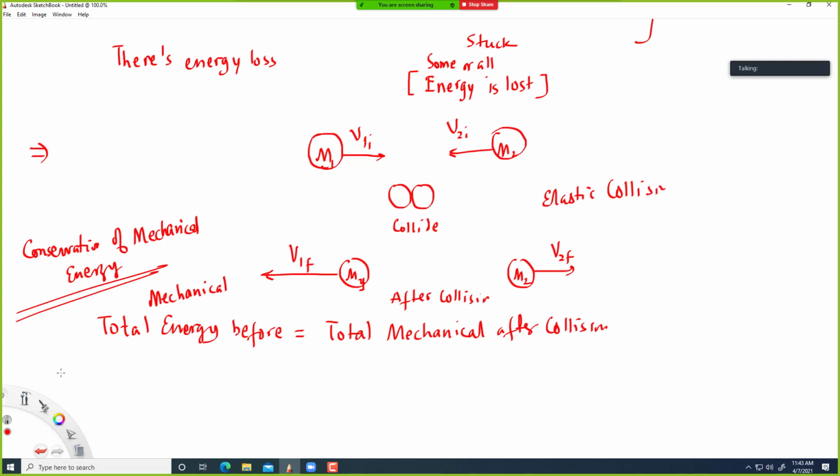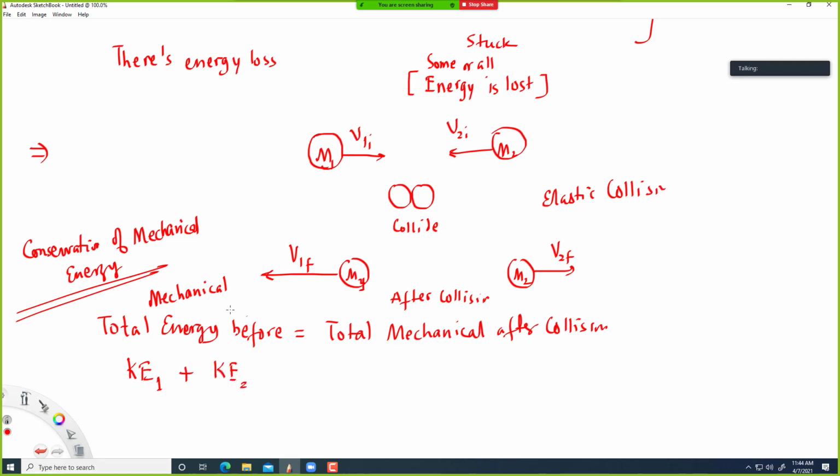So how do you start that? Think about what objects are involved in the collision. You have this object and this object. So what are the energies in the objects before collision? We can neglect the potential energy because there is no change in potential energy. Potential energy remains same. What changes here is the kinetic energy. So kinetic energy of the first object plus kinetic energy of the second object.